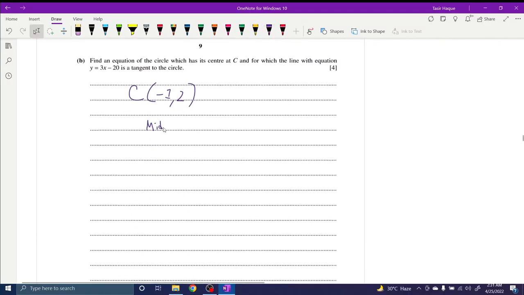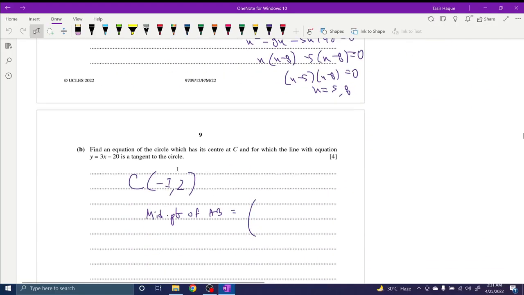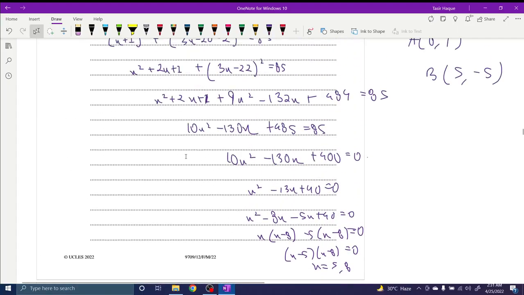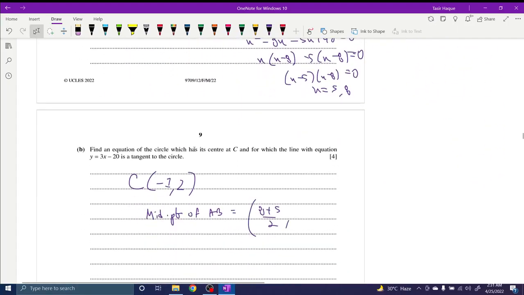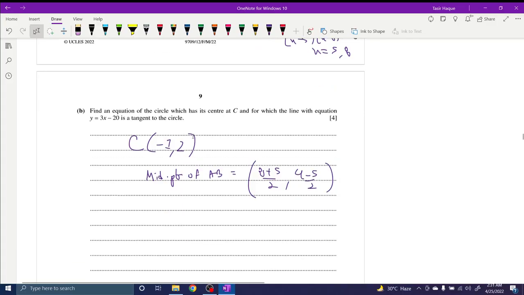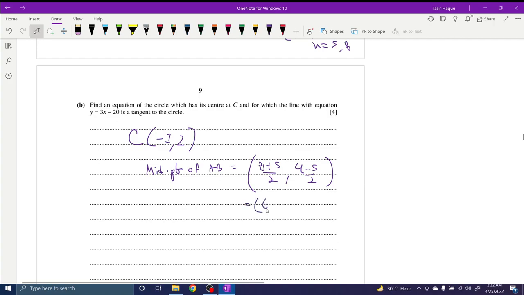So the midpoint of AB is actually equal to, what was it? 8 plus 5 by 2, and 4 minus 5 by 2. So that's 6.5 and minus 0.5.